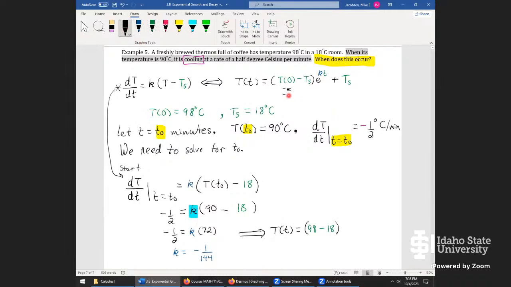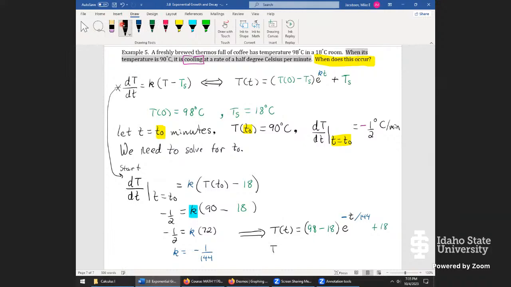So we'll have two things substituted right here. Right where E is, we'll go e to the power K, which is -1/144, so I'll write it like this: -1 times T, so just T, divided by 144. Then the last substitution, the Ts here becomes 18 degrees Celsius.